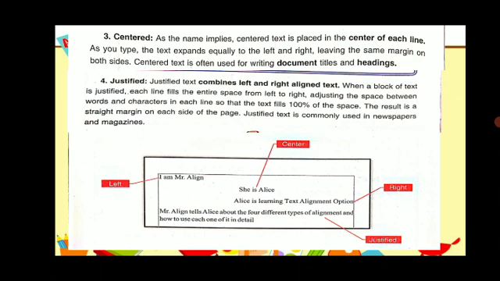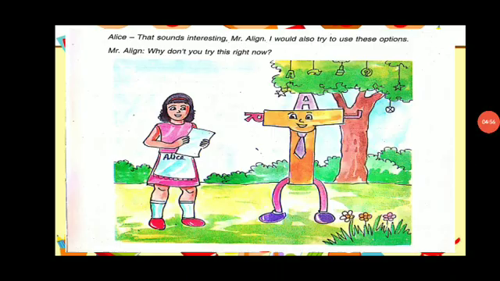The result is a straight margin on each side of the page. Justified text is commonly used in newspapers and magazines. In the following image, I will show the left margin, center margin, right margin, and the fourth, justify margin.